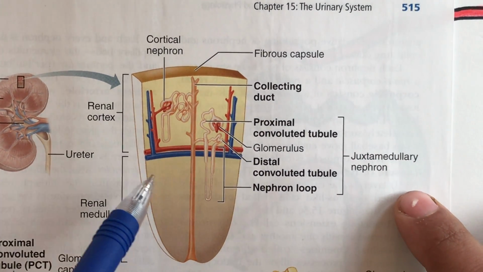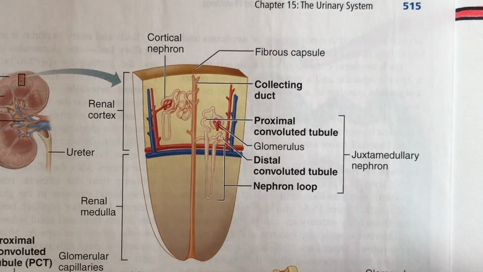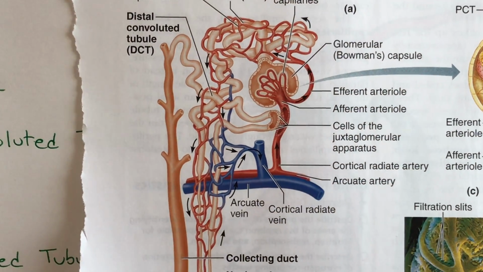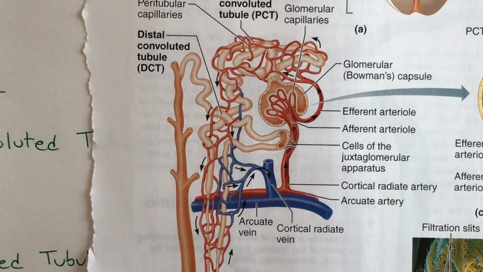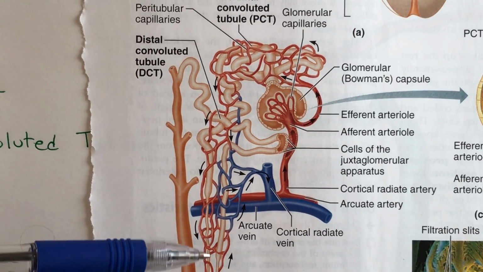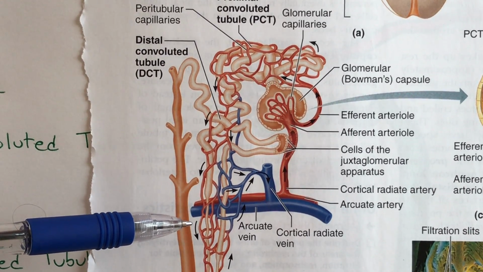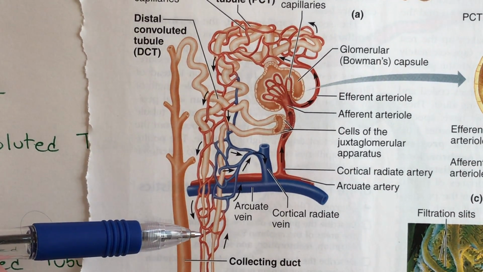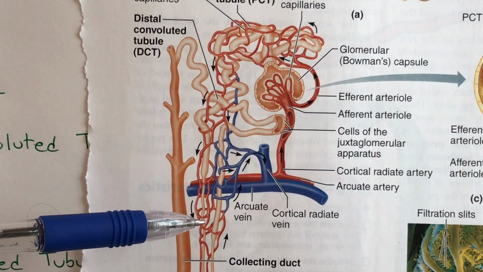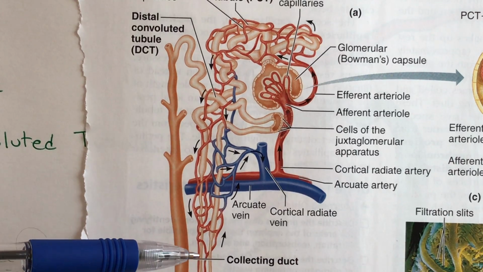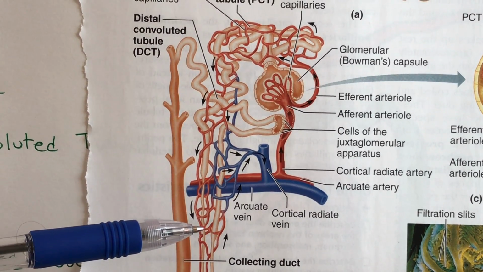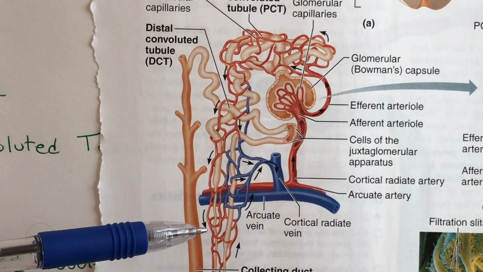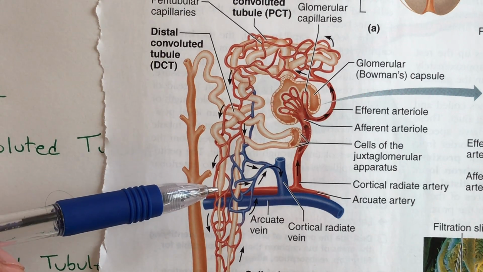But in general, when we go through all the different regions and the parts and the functions of the nephron, we're just going to talk about the nephron in general, since both have the same functions. There are some minor differences, but in general everything's going to be the same.